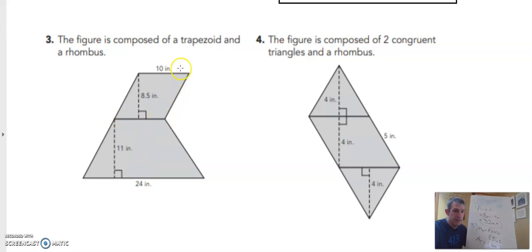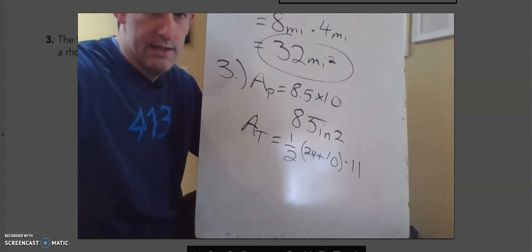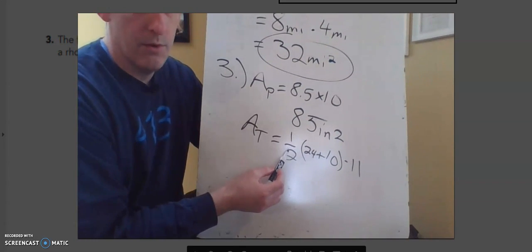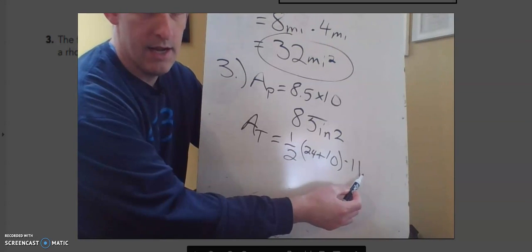We do, because in a parallelogram, this side and this side are both going to be the same. So I can put a 10 there. And then my height is 11. Zoom in here so you can see a little bit more what I'm doing. So I have my 1/2 base 1 plus base 2 times my height.